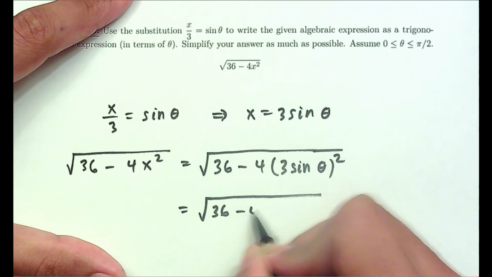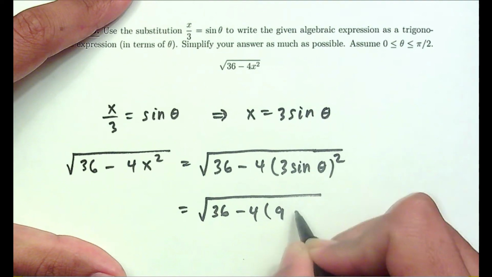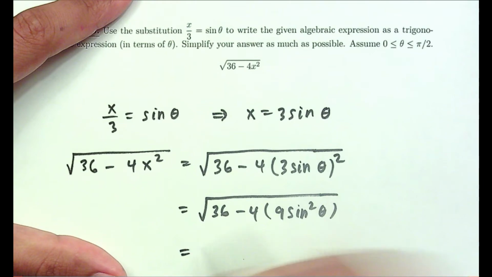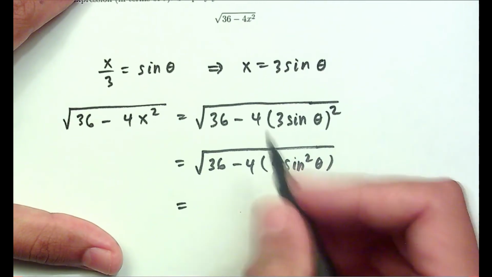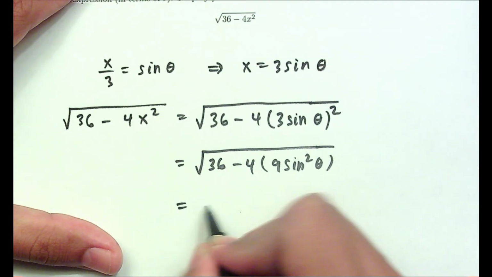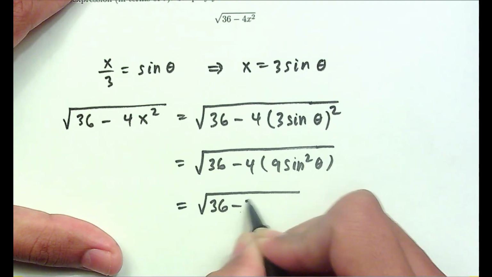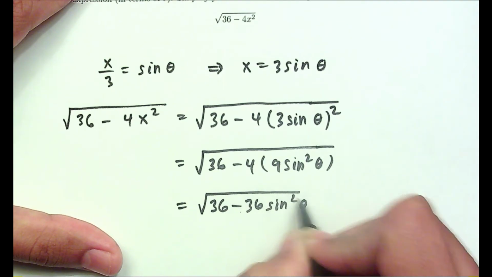Now squaring this one, 3 squared is 9, and then sine squared. Now 4 times 9 is 36, so this is 36 minus 36 sine squared.